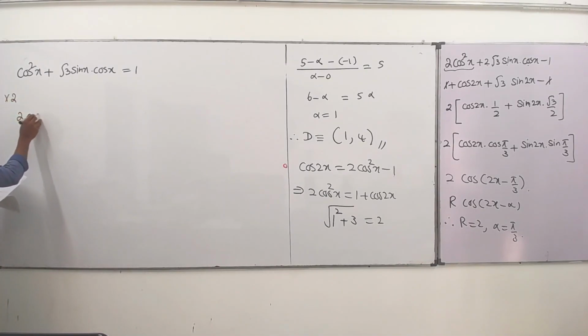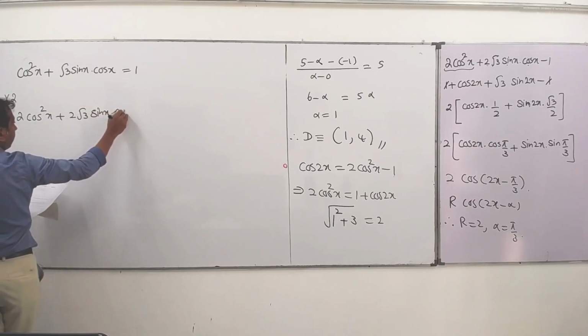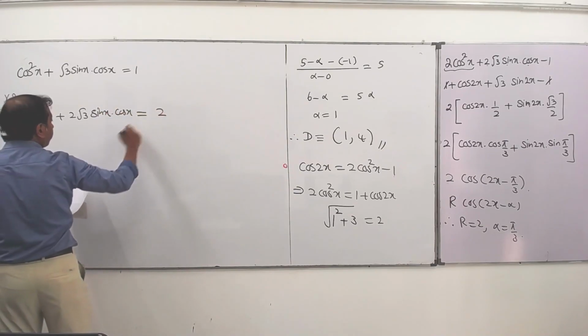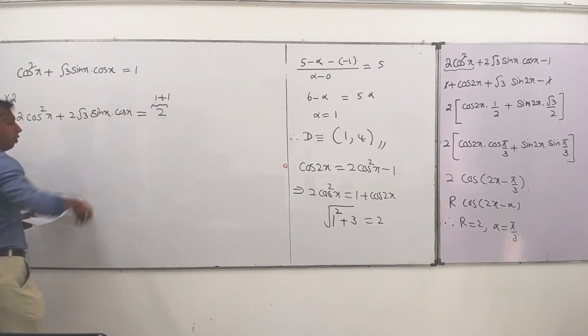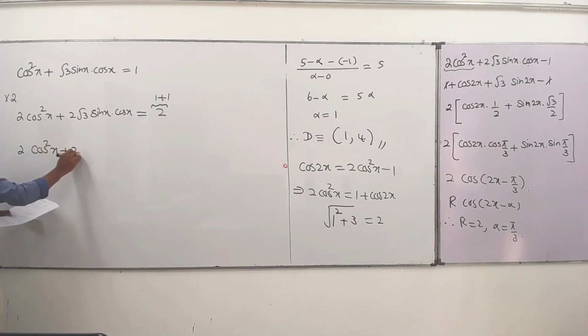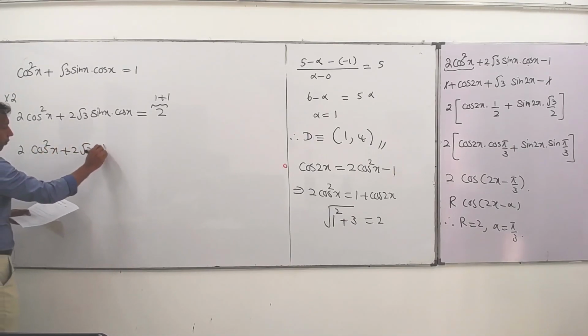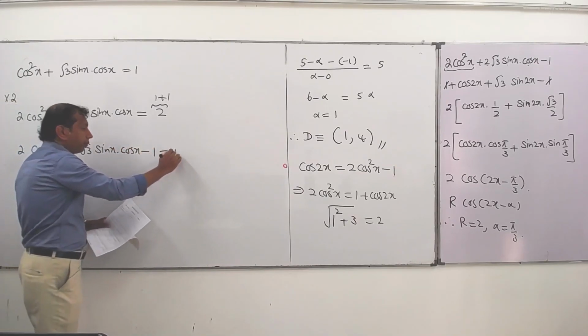Then we get 2 cos squared x plus 2 root 3 sin x cos x equals 2. This 2 I can write as 1 plus 1. Take 1 to the left hand side: 2 cos squared x plus 2 root 3 sin x cos x minus 1 equals 1.